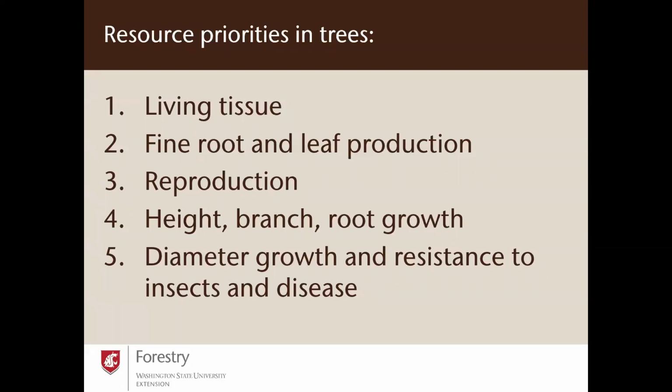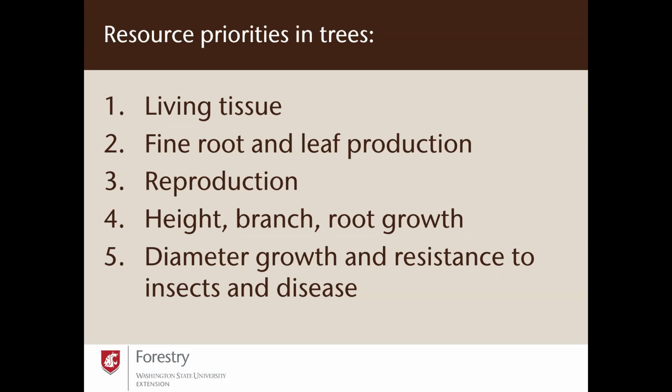And finally, we get down at the bottom, the lowest priorities, the luxury items: diameter growth and resistance to insects and diseases. And these are the first two things to go because they don't help the tree in the competition battle for resources. Trees can still grow in height in an effort to get above their neighbors and win the race for sunlight.